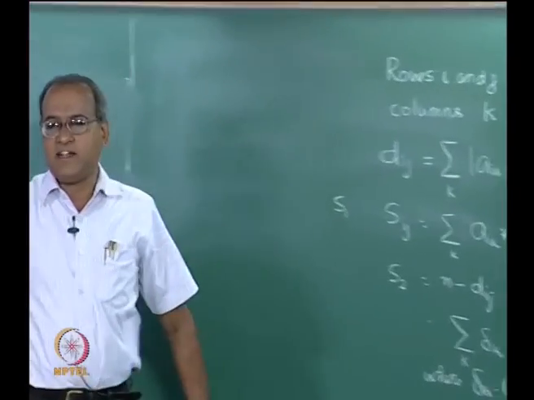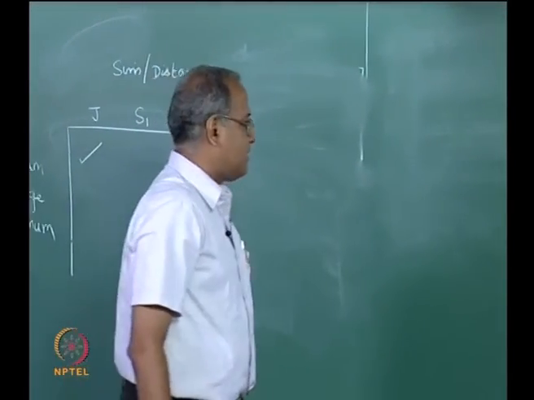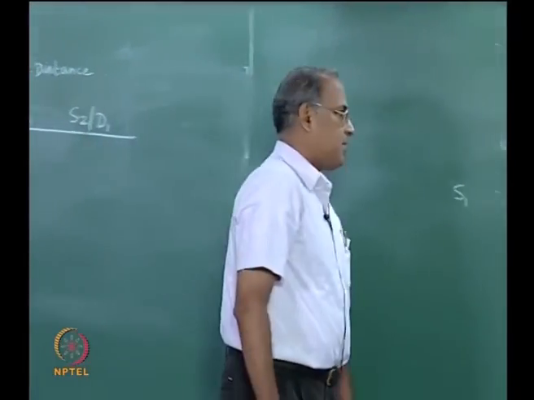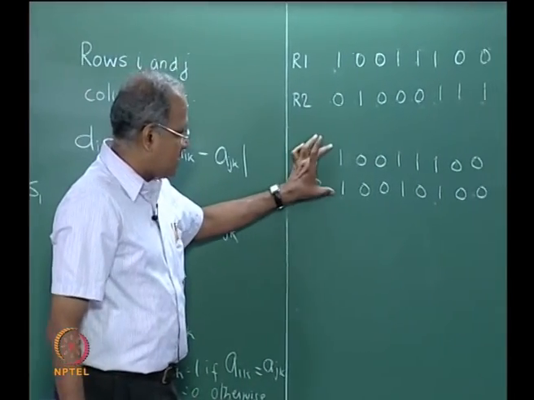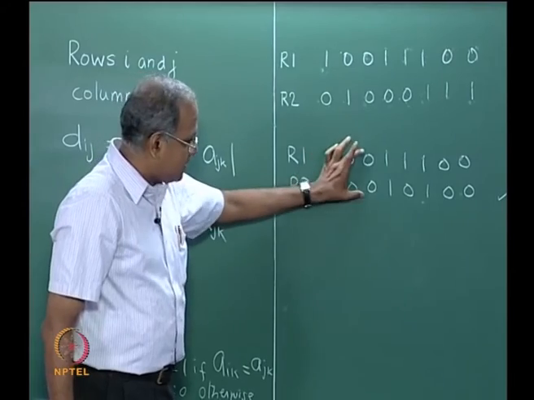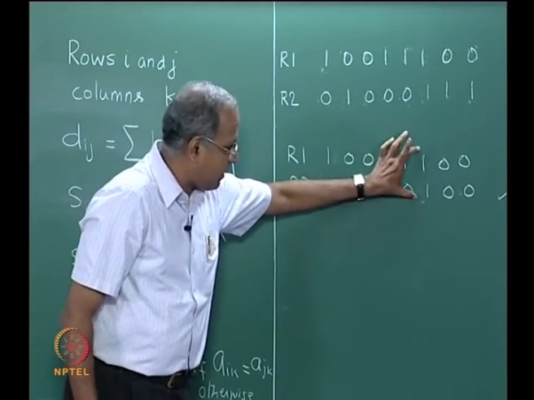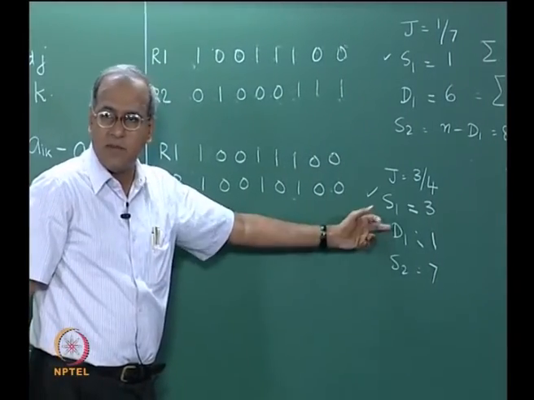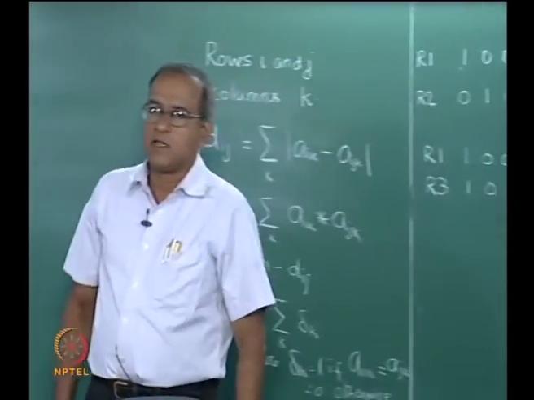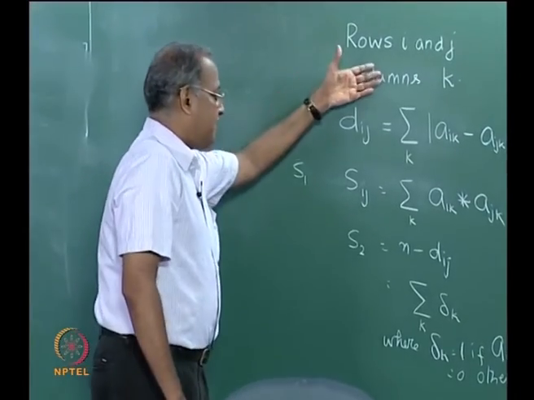A slightly lengthy definition. For example, if both are equal, it is 1 2 3 4 5 6 7. So, S2 is 7, 8 minus 1 is 7. So, this is how you formally define all of these.